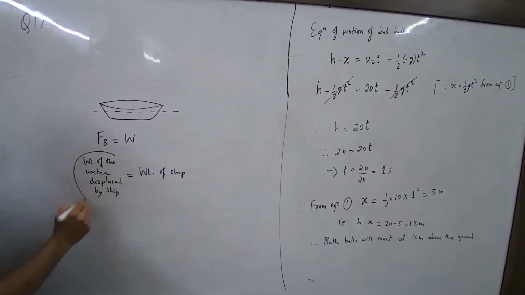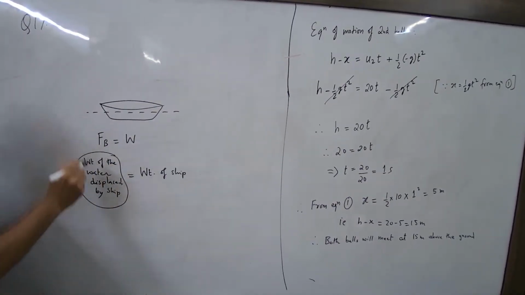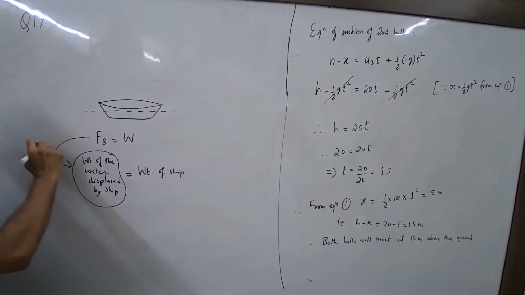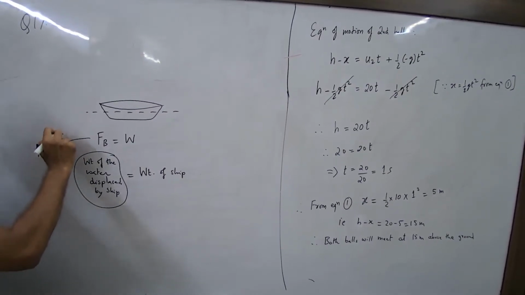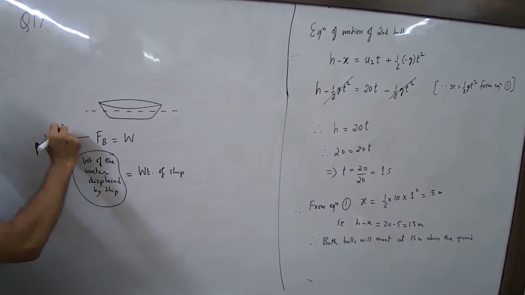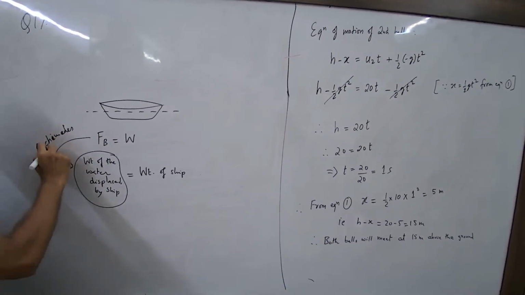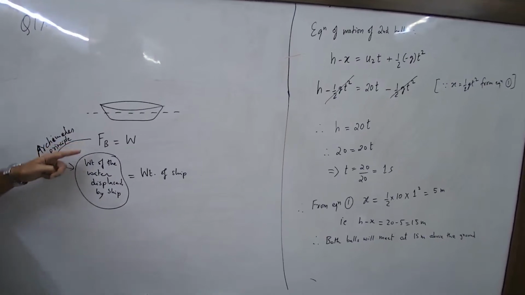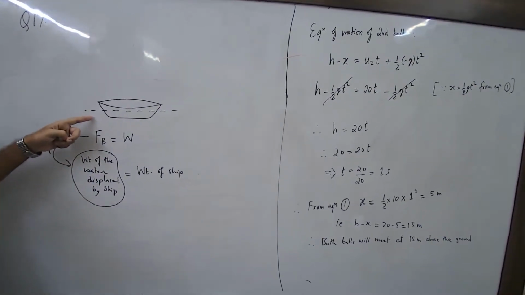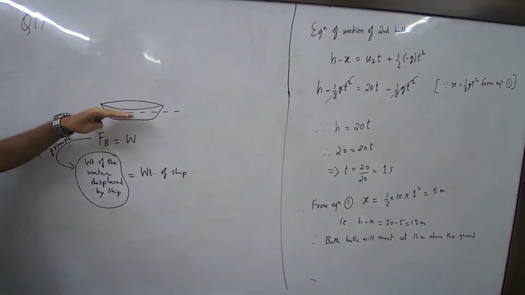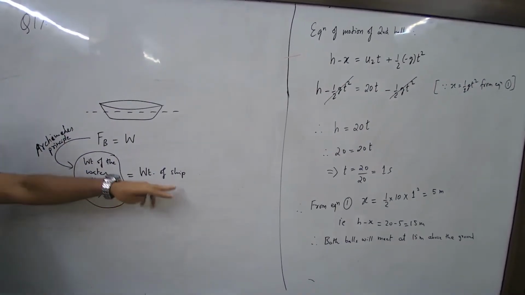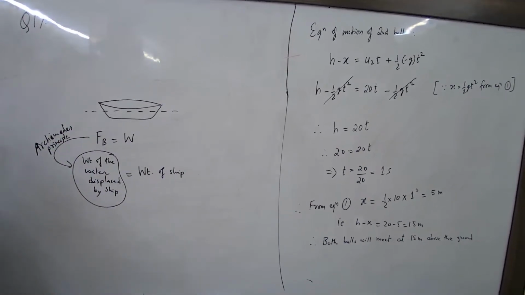This is Archimedes principle. You remember Archimedes principle? That upthrust is equal to the weight of water displaced by the ship. So the weight of the water displaced by the submerged portion of the ship is equal to the weight of the ship. That's why the ship floats.